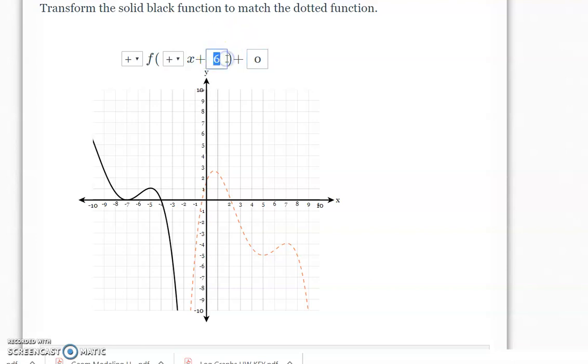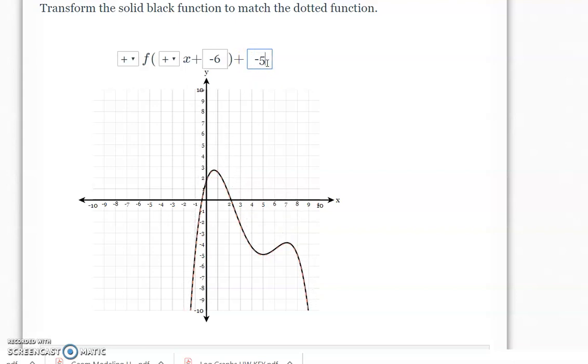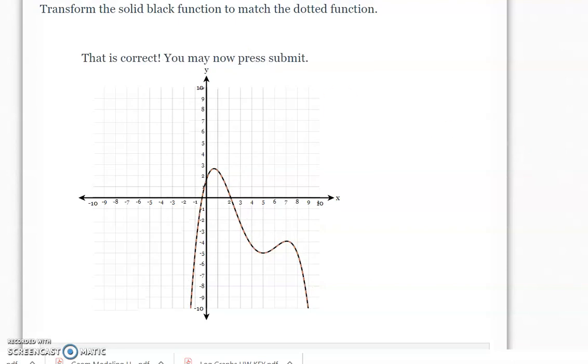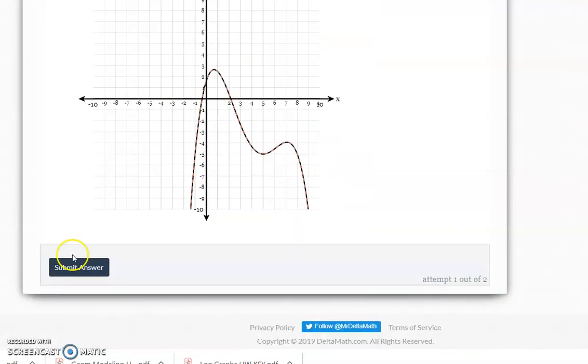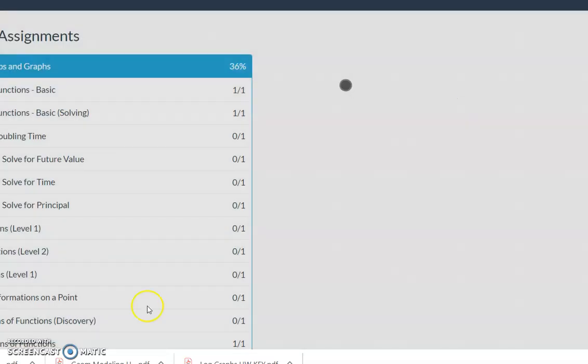The only way I can do that here is say +(-6). And then I just need to move it down, looks like 5. So that's -5. I love it. It's pretty cool because you know for sure that you are correct and you can press submit. That's beautiful. I like those problems.